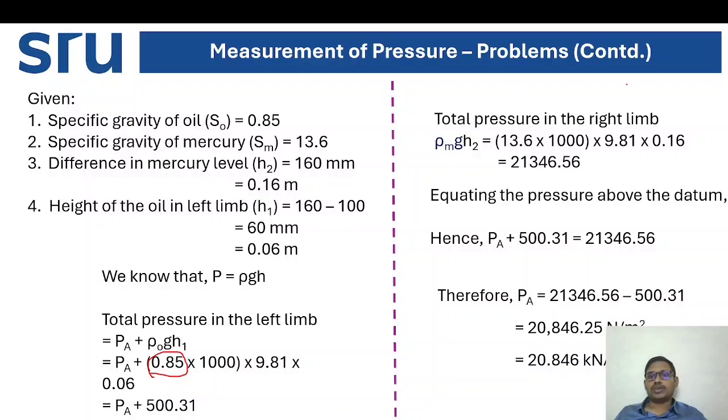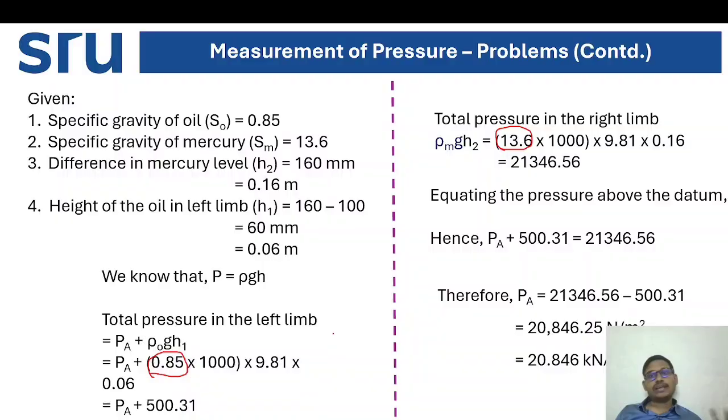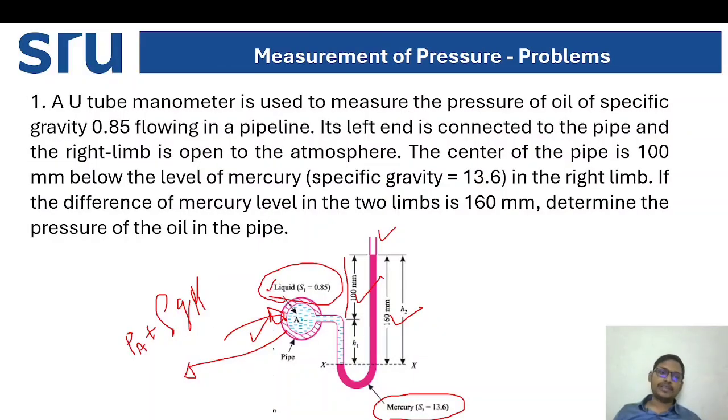One is with respect to oil, one is with respect to mercury. So PA, because in this perspective we have pressure plus rho GH on the left side, because it is closed, that is called a pipe, whereas we can see the right limb is open to the atmosphere, so we can go with rho GH.